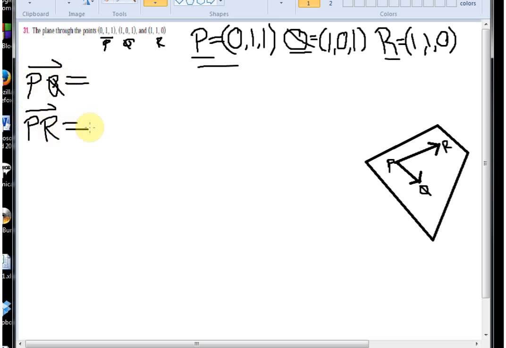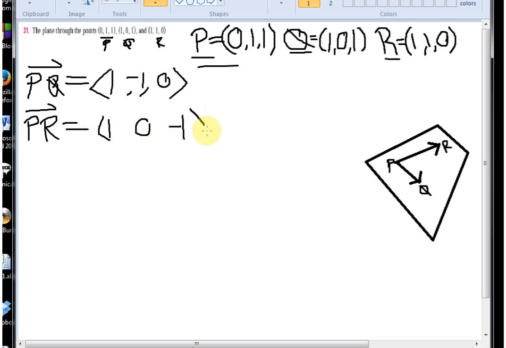And if we subtract P from Q, we'll get 1, -1, and 0. So that'll be 1 vector. That'll be this one. And if we subtract P from R, we'll get 1, 0, and -1.